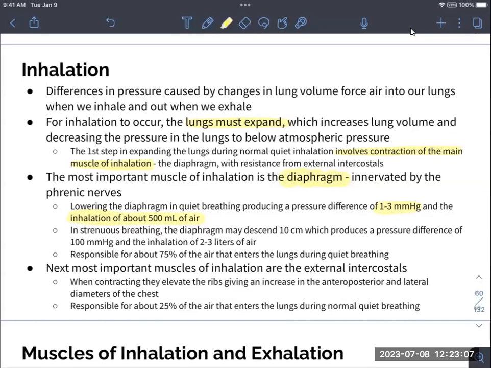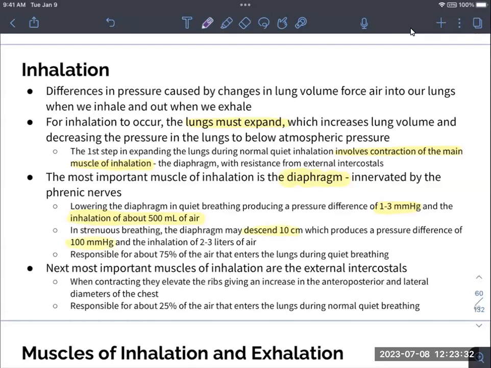Strenuous breathing, you're out running. The diaphragm can descend about 10 centimeters. So it goes down, it pushes down into that abdominal cavity about 10 centimeters down. That can actually create a pressure difference of almost 100 millimeters of mercury.